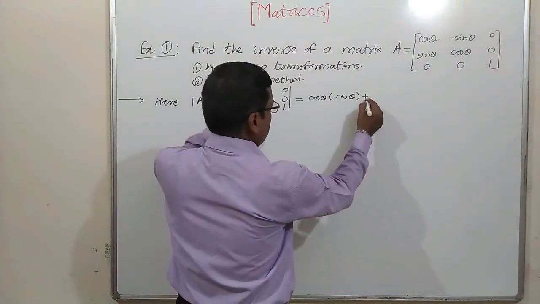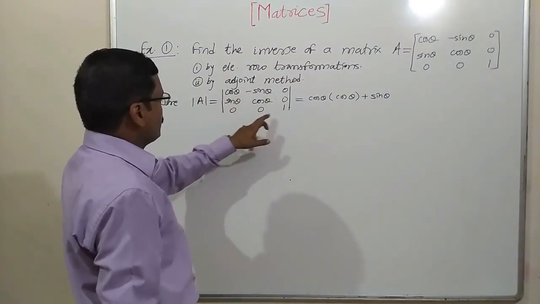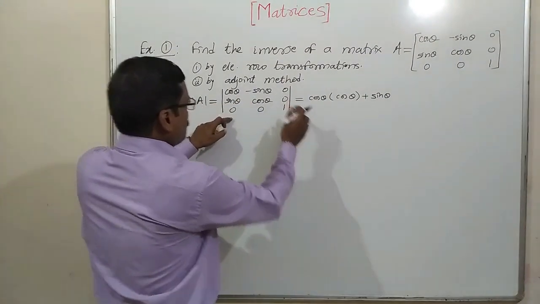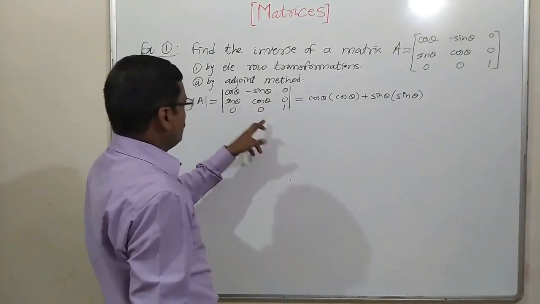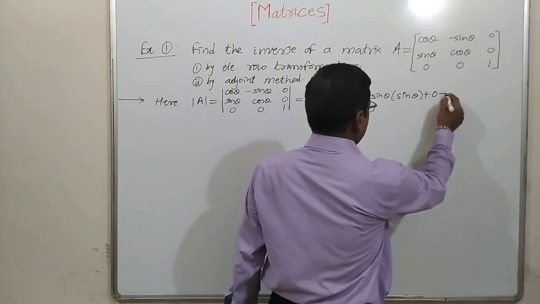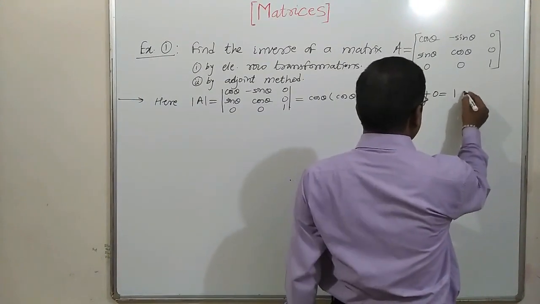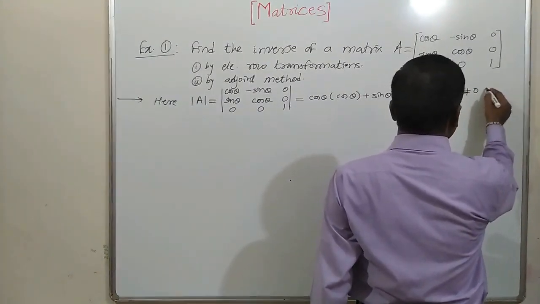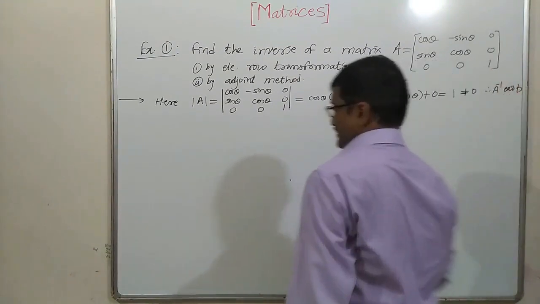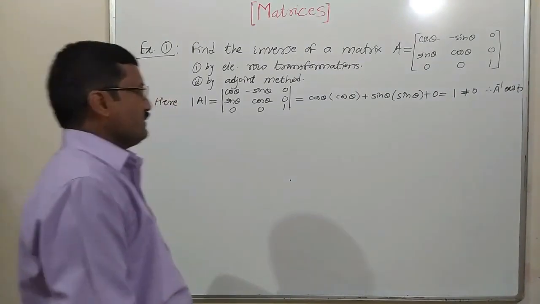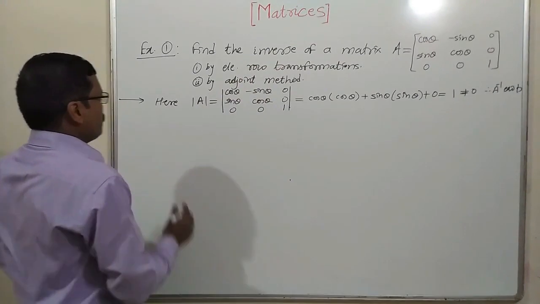Then minus minus becomes plus sin theta into sin theta minus 0, that is sin theta, and plus 0 into 0, that is equal to cos square plus sin square, so that is equal to 1, which is not equal to 0. Therefore, A inverse exists. That is our first step or the necessary condition for finding inverse of a matrix.